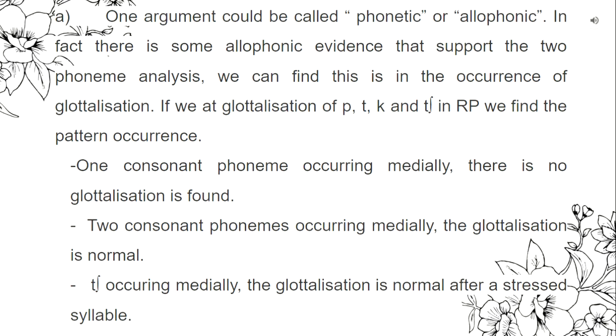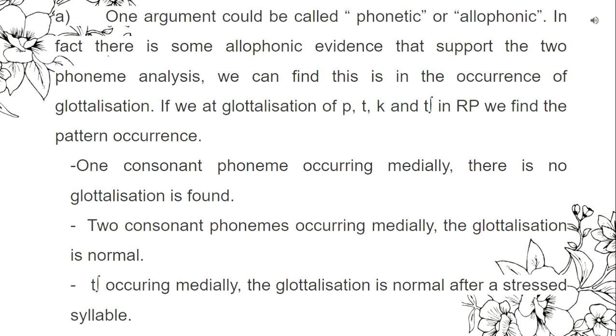One argument could be called phonetic or allophonic. In fact, there is some allophonic evidence that supports the two phoneme analysis. We can find this in the occurrence of glottalization.